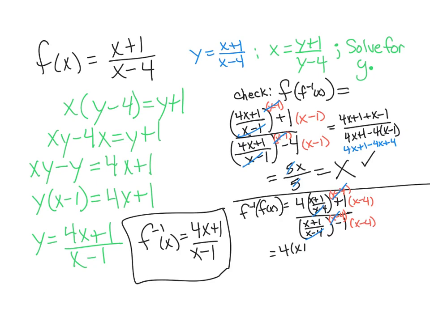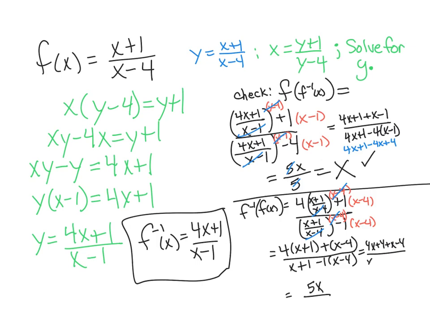4 times the top plus 1 times the bottom, over the top minus 1 times the bottom. Distribute everywhere. 4x plus 4 plus x minus 4. The 4's go away. I get 5x.